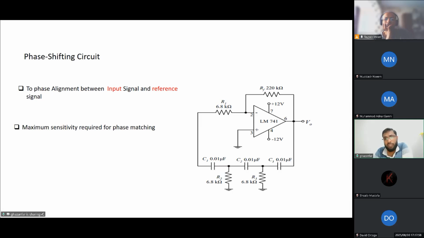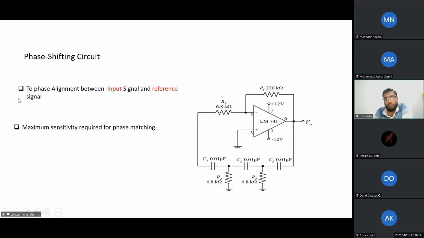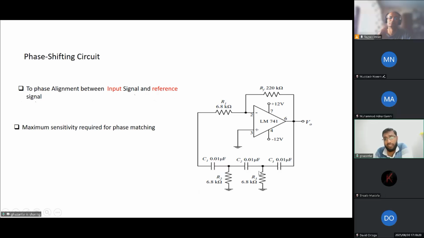We want a signal which is coherent in phase, so we have to design this circuit. To align the phase between the input signal and the reference signal, that's why we need this circuit. This will help us maximize the sensitivity for phase sensitive detection, which will give us good results.